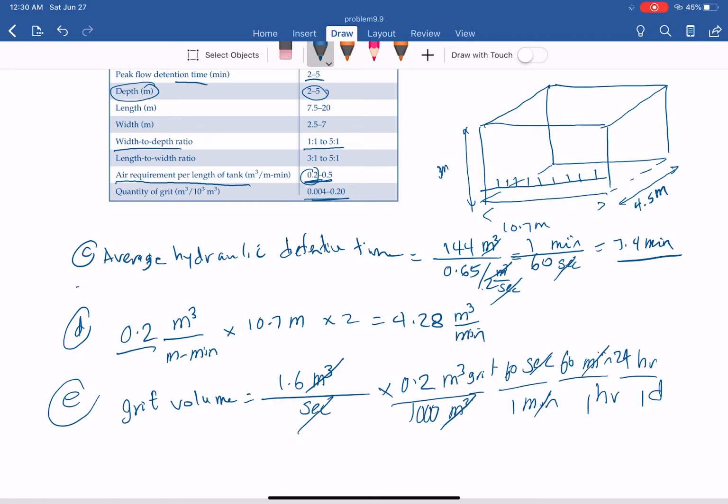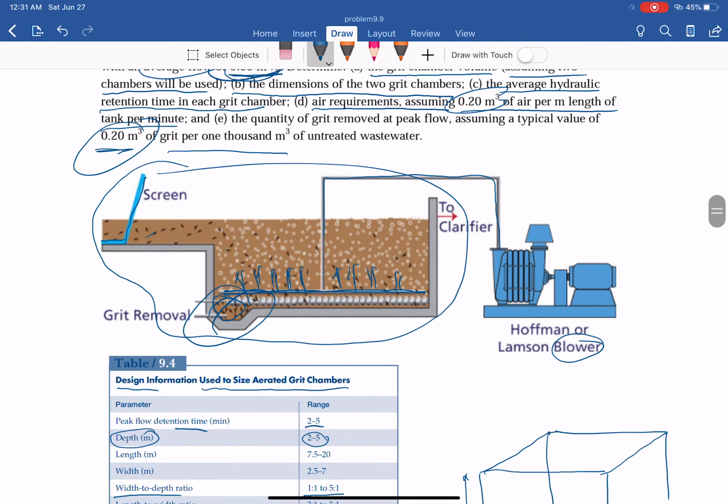So the grit volume that will be disposed is 27.65 meter cubic of grit that will be collected or removed per day. Huge amount of grit that's being removed every day. So this is the end of this example.